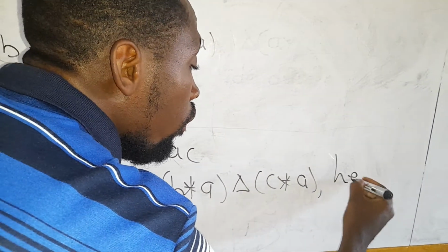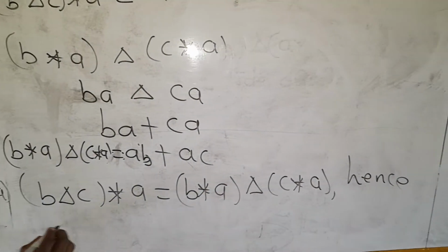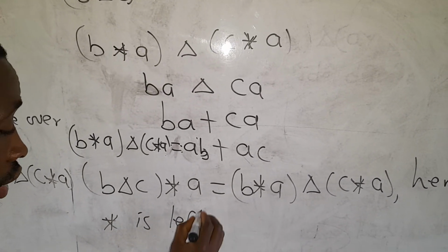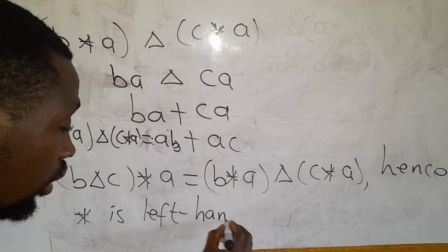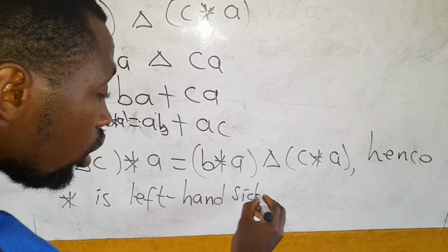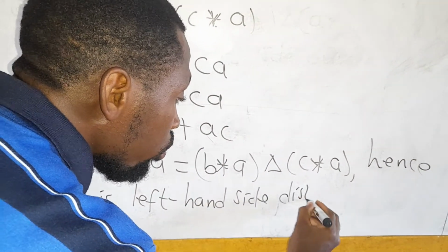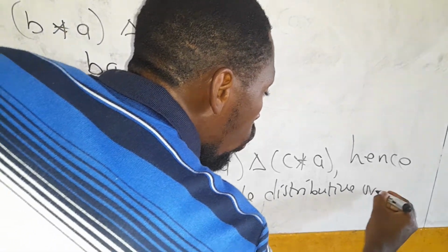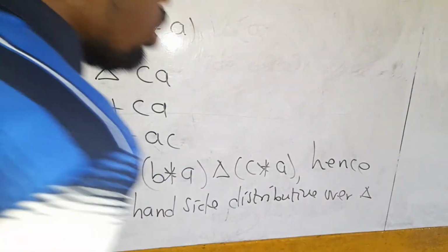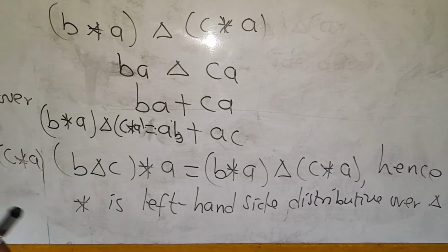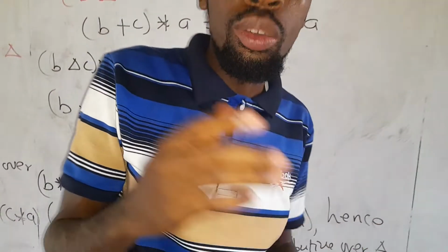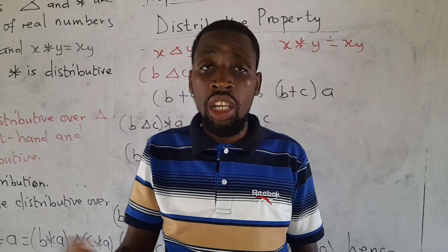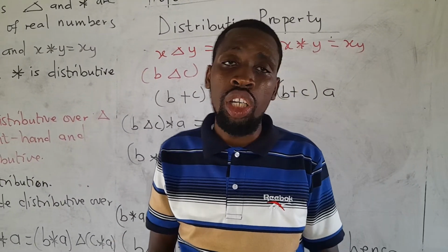Hence star is left hand side distributive over delta. So what can we conclude? We realize that star is right hand side distributive over delta, and when we proved the left hand side too, it is distributive over delta.